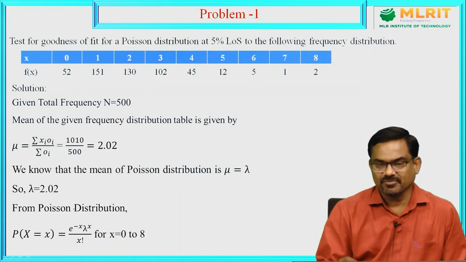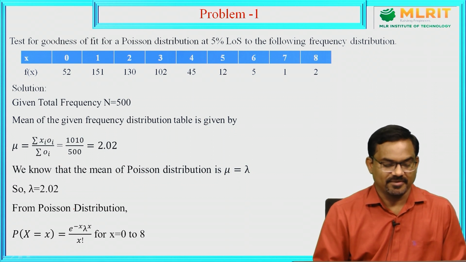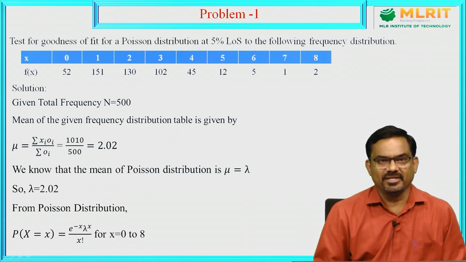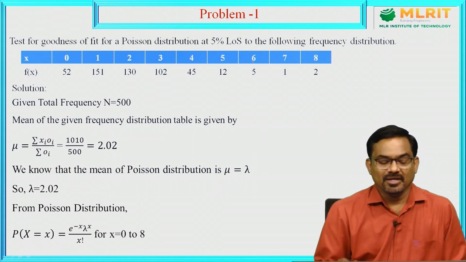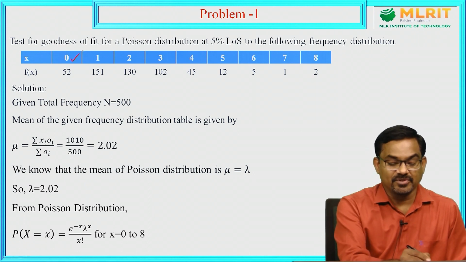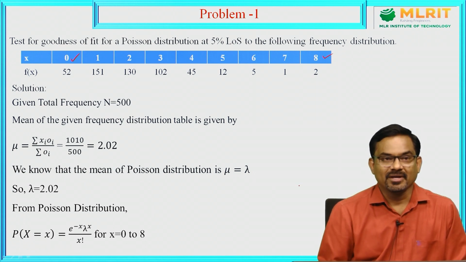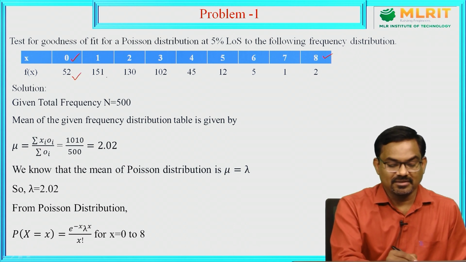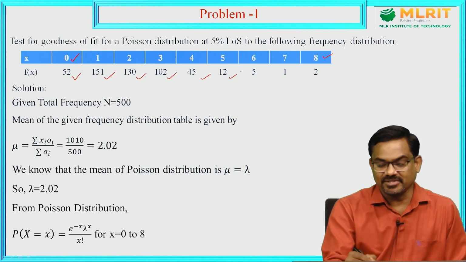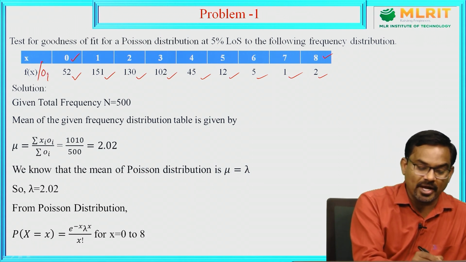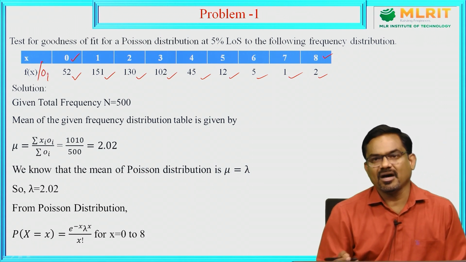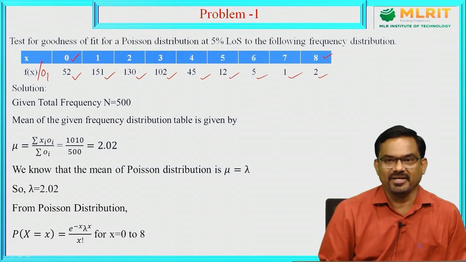Now, let us discuss one problem on goodness of fit test. Test for goodness of fit for a Poisson distribution at 5% level of significance to the following frequency distribution. So, a frequency distribution is given, x values from 0 to 8 and f of x, the given frequencies, which can be denoted by Fi or Oi, the observed frequencies.